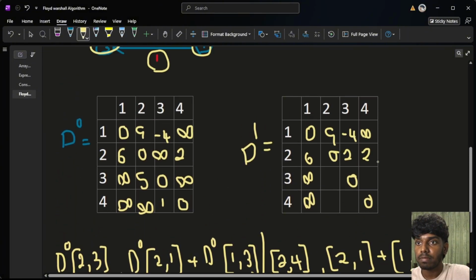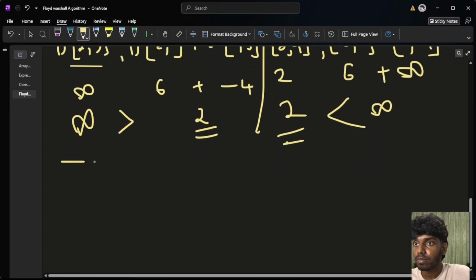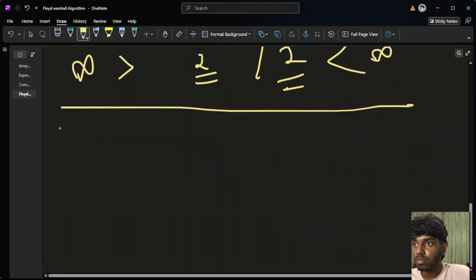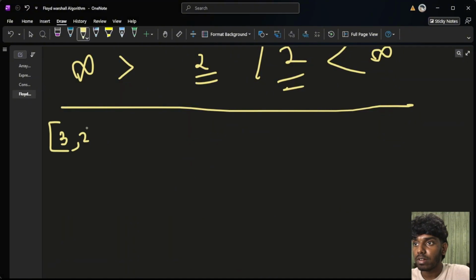Then we are going to do the same for 3 to 2. From D0 we are going to find the 3 to 2, and then 3 to 1, and then 1 to 2.